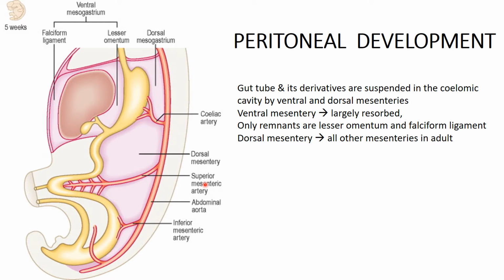So the dorsal mesentery forms all the other mesentery in the adult, and it also wraps the vascularity and branches which supply these portions of the gut tube and its derivatives.